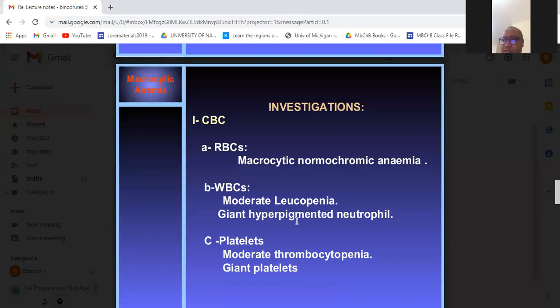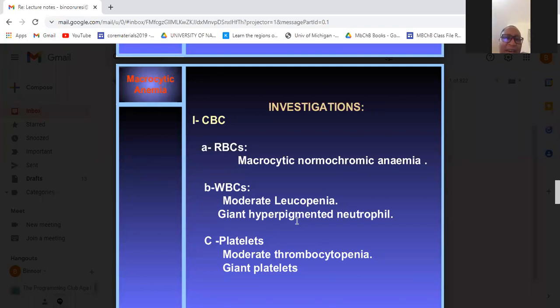So what are the laboratory investigations? If we suspect a patient has macrocytic anemia, the first test you do is the complete blood count. The RBCs will be macrocytic, normochromic anemia.